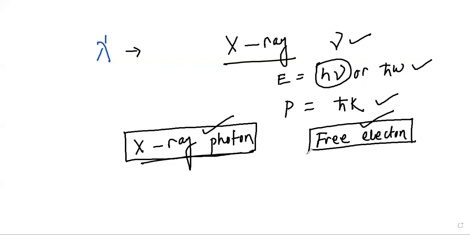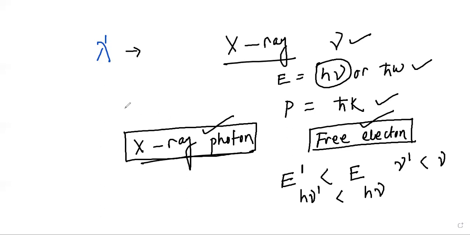Suppose I write this as E prime, the remaining energy. Here E prime will definitely be less than E. Hence hν prime must be less than hν. So you can see that ν prime is less than ν.